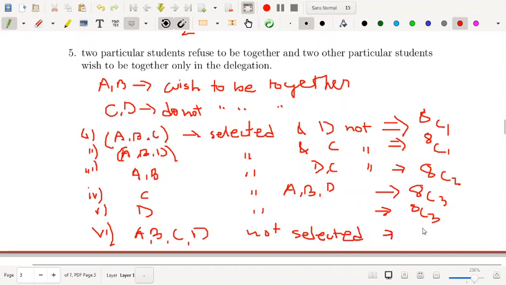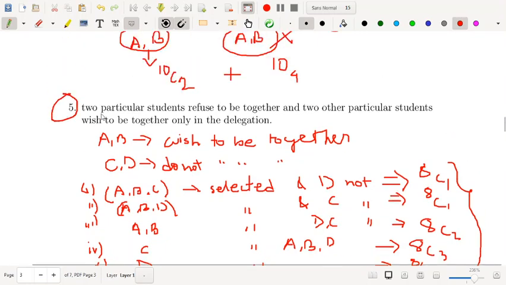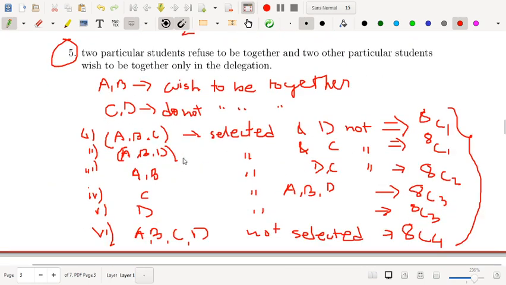So out of 8 you have to select 4. So adding these ways you will get the answer in these cases. So you see how you will deal with the restricted combinations. I am just giving you a brief example. It's a very beautiful example to deal with.